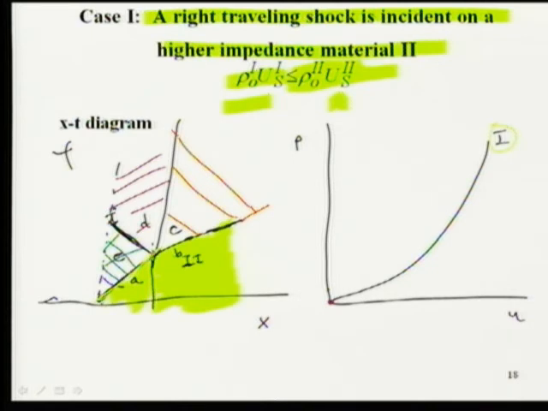And it sends a forward-facing shock into the higher impedance material, and so that has to be material 2. And we also know that at the boundary, we'll have a condition. I'm going to go back to the black. This is going to be the E fields.